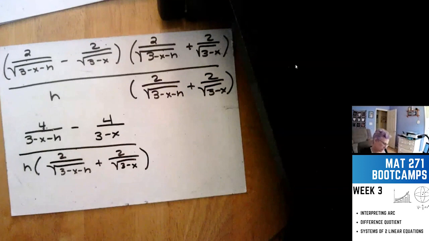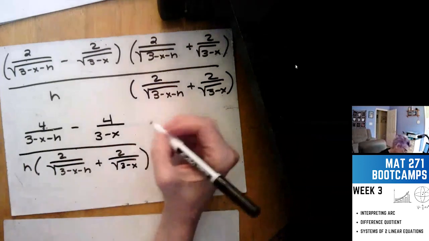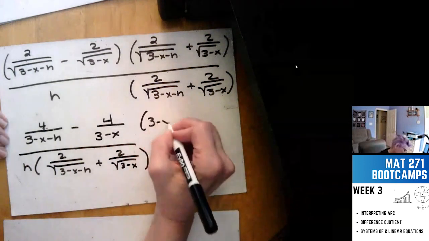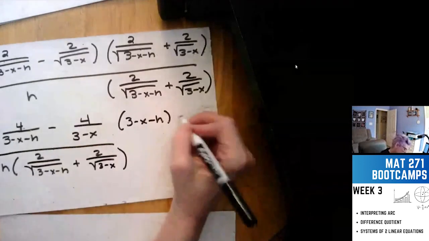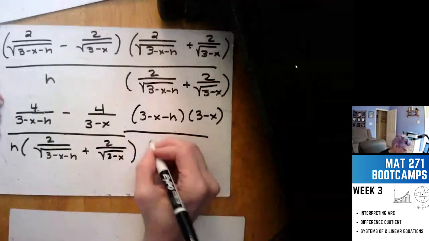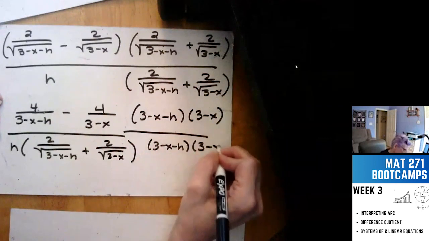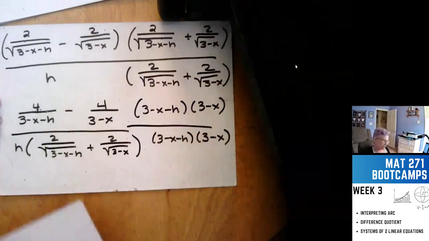Okay. And now we want to multiply by the least common denominator, and that would be 3 minus x minus h times 3 minus x, and 3 minus x minus h times 3 minus x.